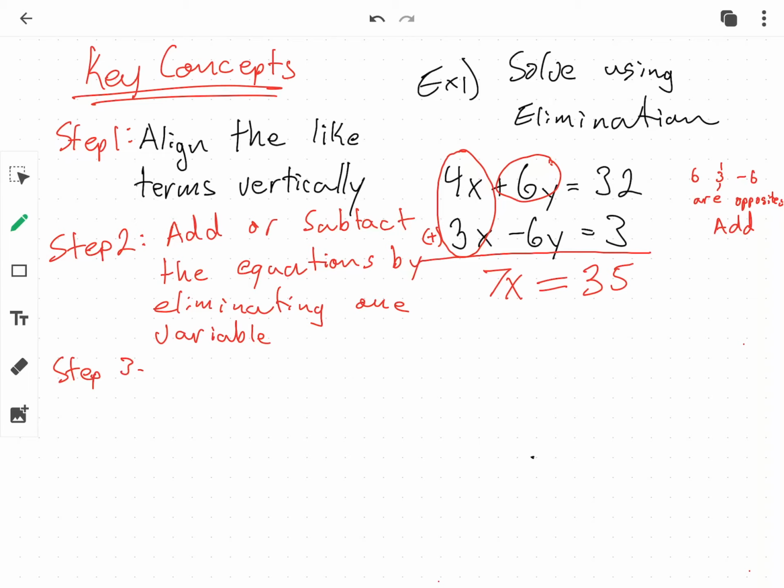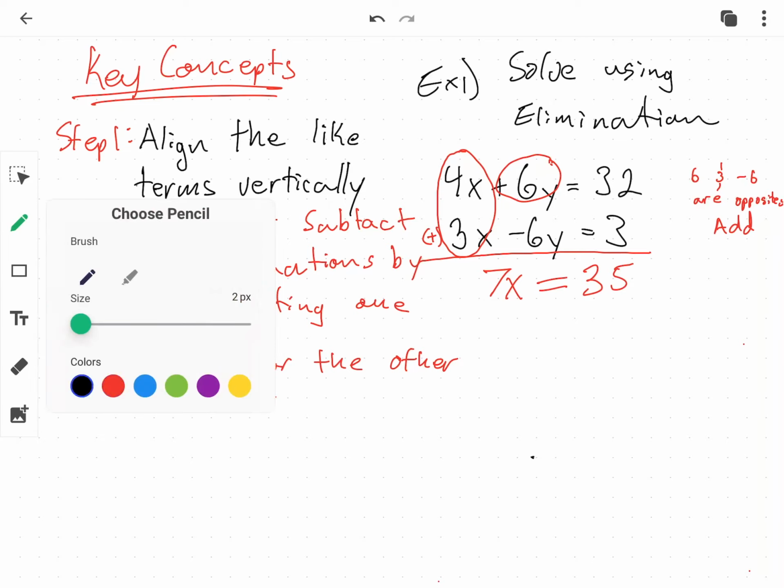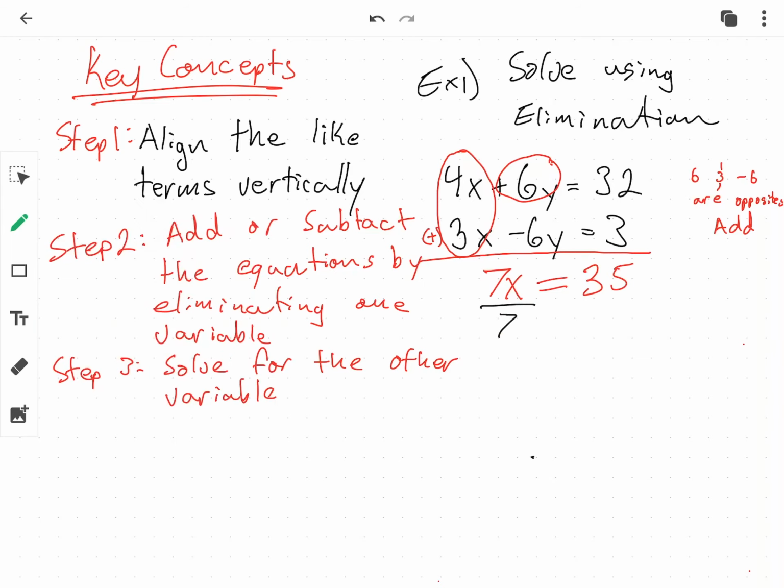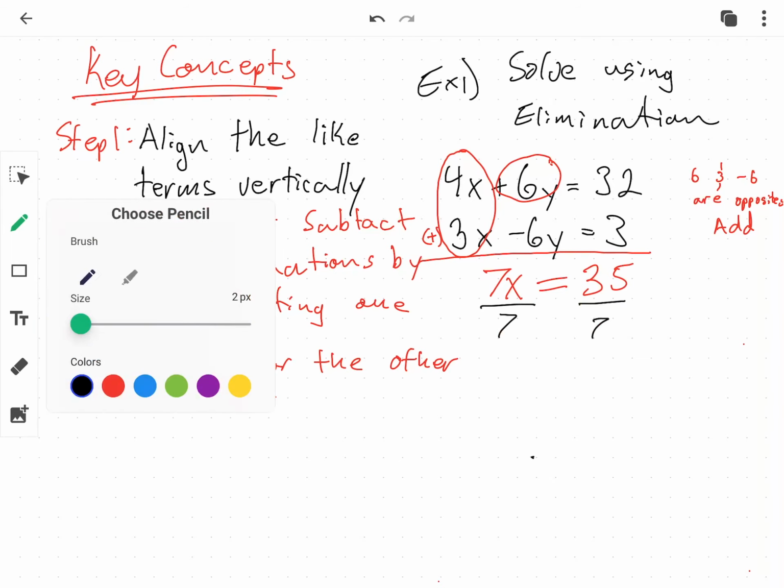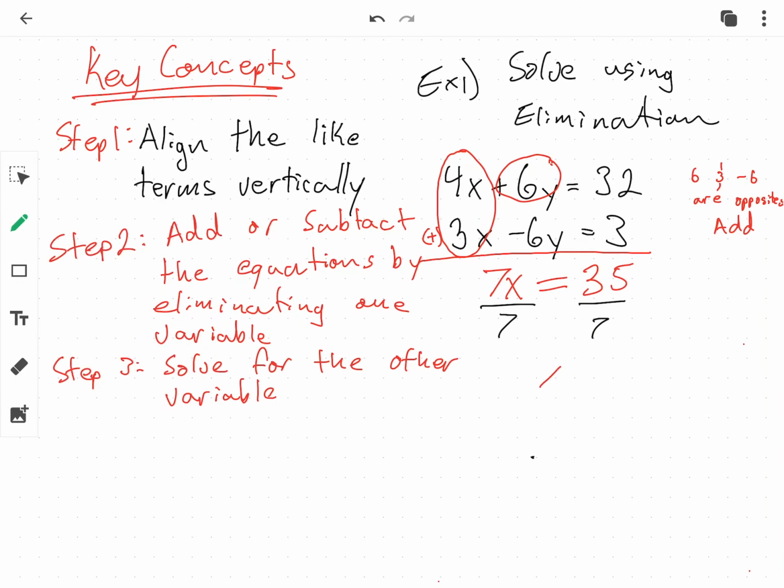So step 3, solve for the other variable that wasn't eliminated. So in this case, we can solve for x, divide both sides by 7. So we have x is equal to 5.